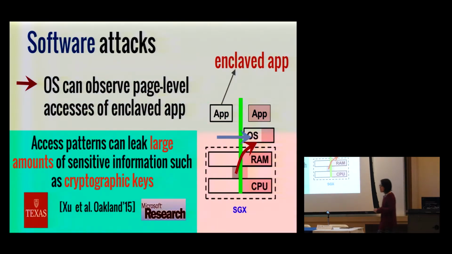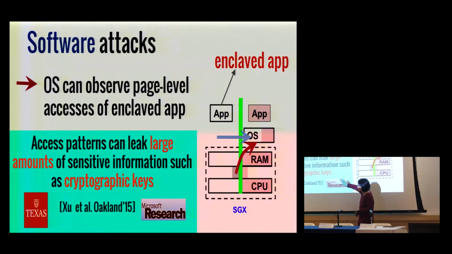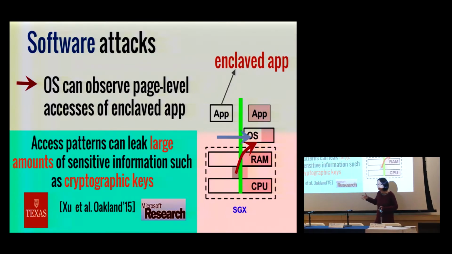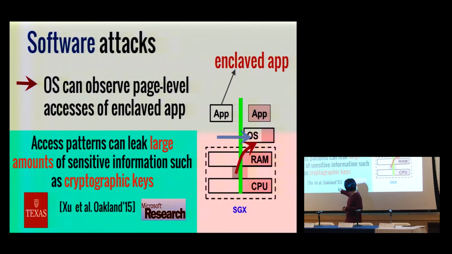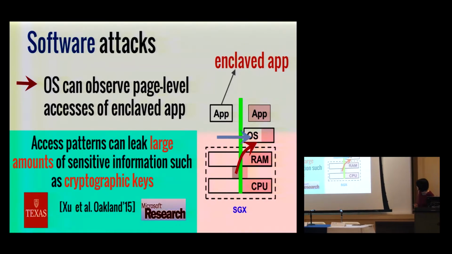And it turns out there have been many papers that show such access patterns can leak large amounts of sensitive information. I only cited one more recent paper here. This is a very nice work by a group of researchers from UT Austin and Microsoft Research in the past Oakland.